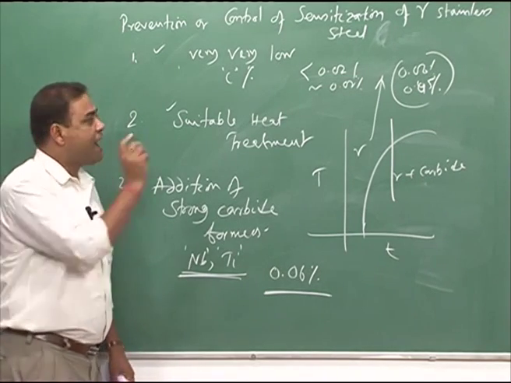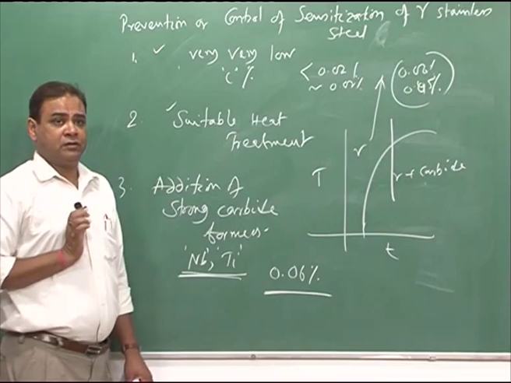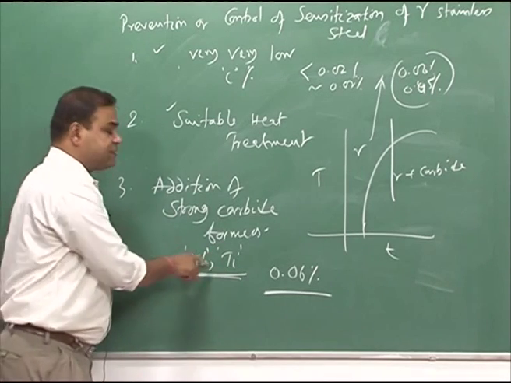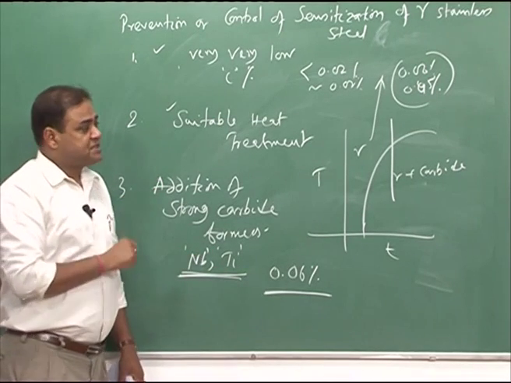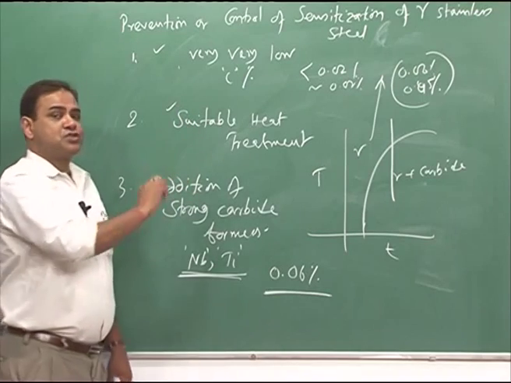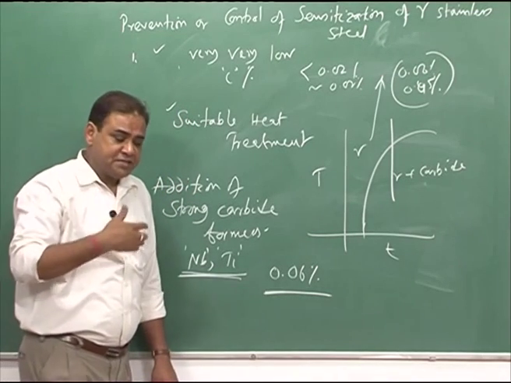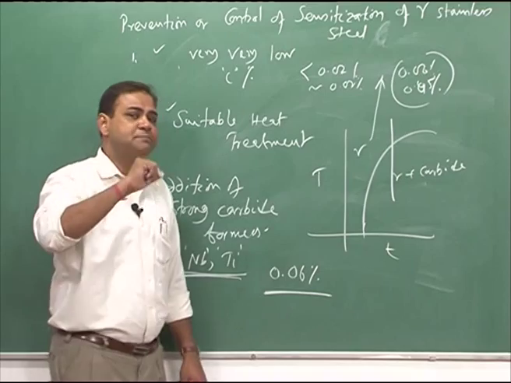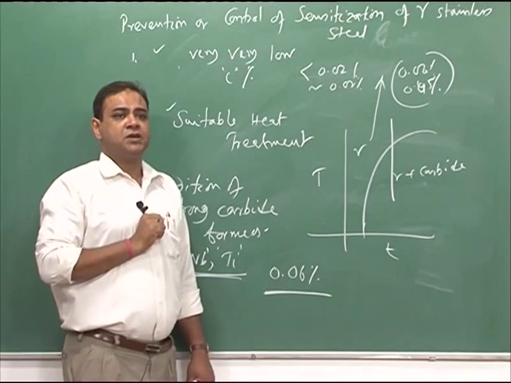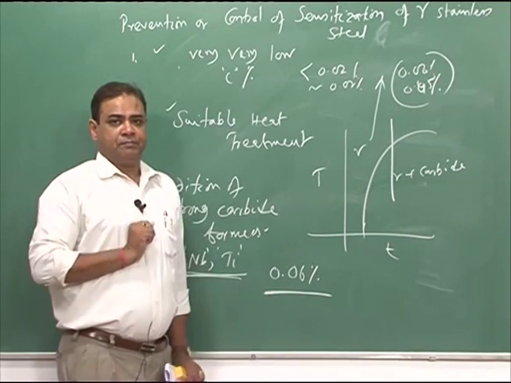So, somehow we have to keep chromium in the solution. Even if these carbides form along the grain boundary, since the chromium percentage around the grain boundary zone is still close to 18%, we have complete protection.